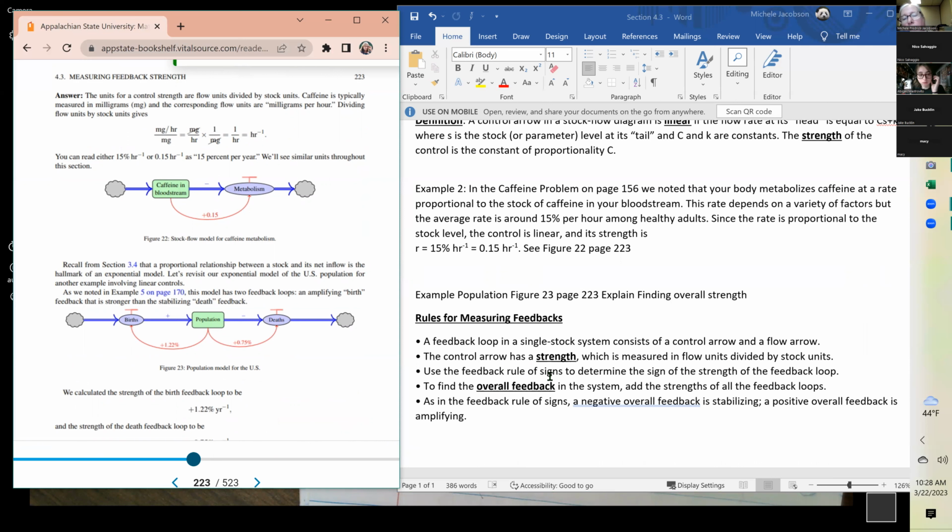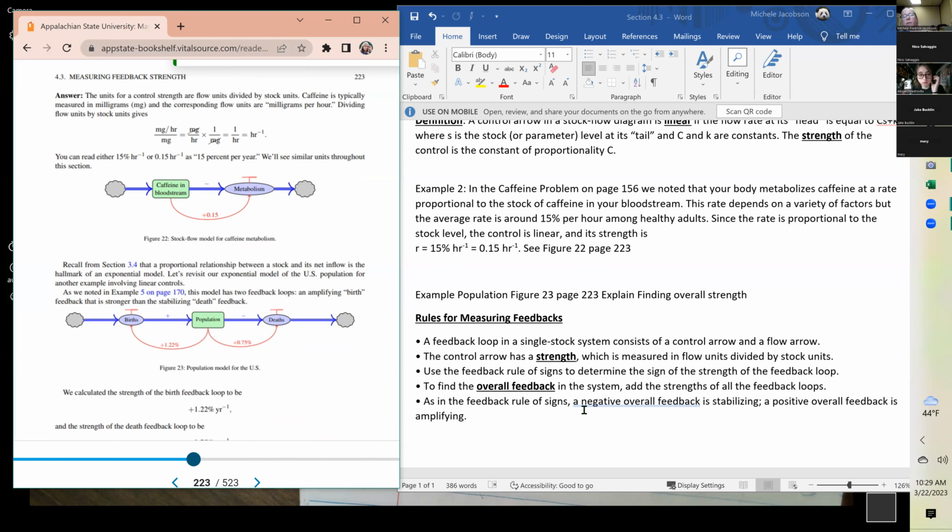The control arrow has a strength. So this red is the control, blue is the flow. The control arrow will have a strength, which is measured in flow units divided by stock units. Use the feedback rule of signs to determine the sign of the strength of the feedback loop. Multiply them together.